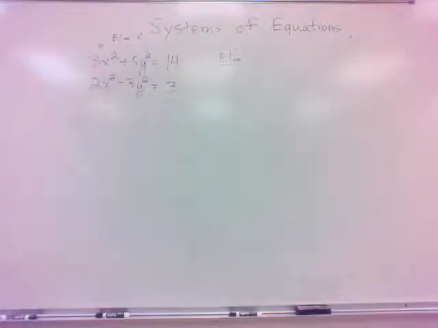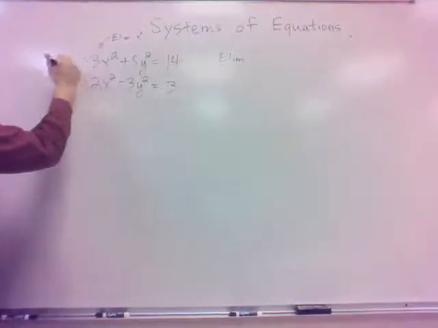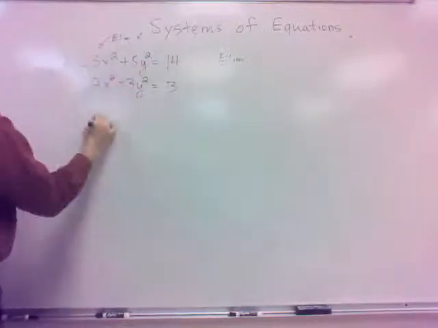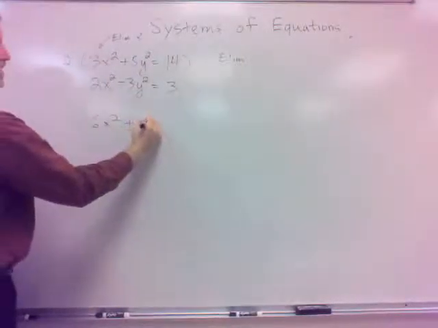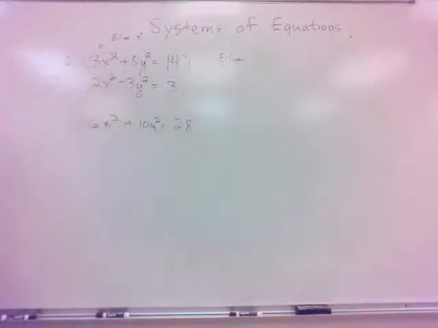And so both of them need to be 6x squared, one a positive 6x squared, the other a negative 6x squared. So I'm going to multiply what? The top by 2. So that'll be 6x squared plus 10y squared equals, and don't forget, you have to multiply both sides by 2, so it's 28.